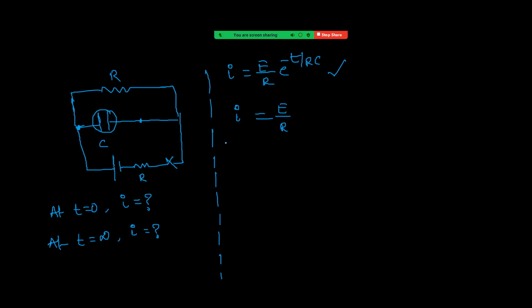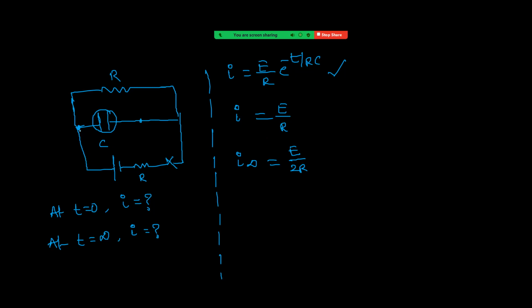Now, if you are taking after a long time, what happens is it is fully charged. When this is fully charged, current flows only in this way. There is no flow of current like this. That means after a long time, current will become E by 2R.